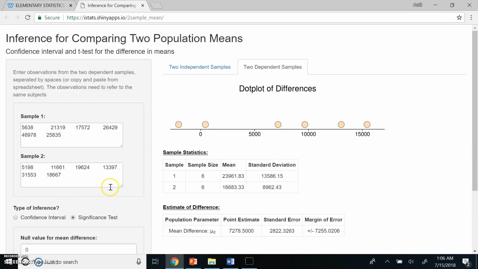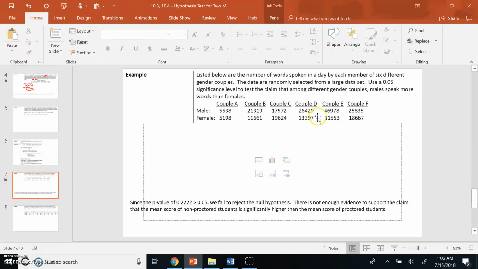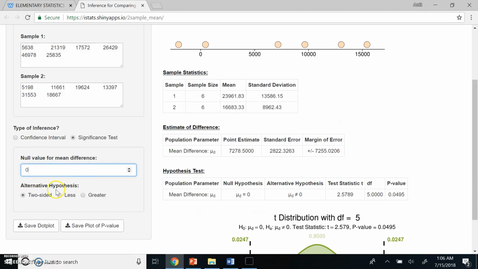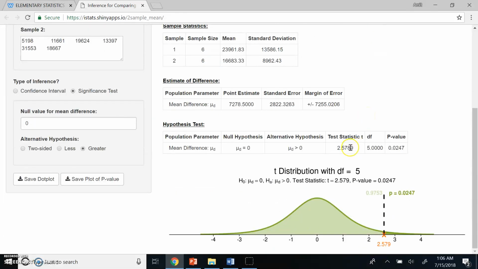We have a significance test, null value is always 0. And what are we claiming? We are saying, do males speak more words than females? In other words, is the mean of the first sample greater than the mean of the second sample? Our test statistic is 2.5789. Our p-value is 0.0247.